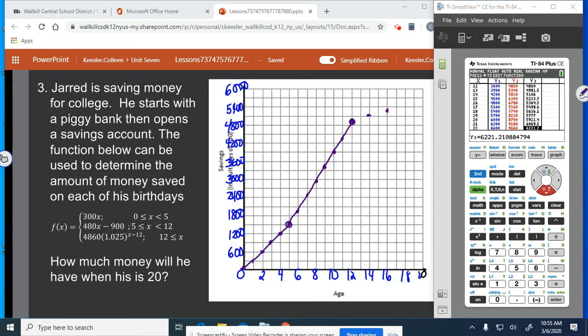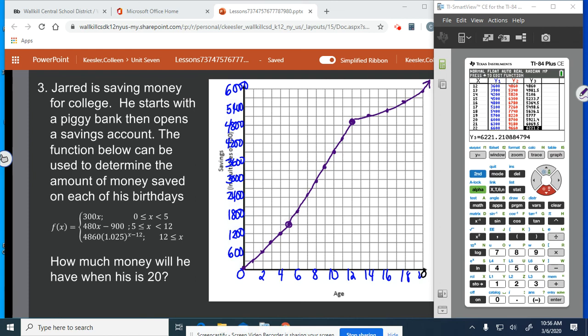And the 18, 5,600. So this is 54, so that would be 57, would be about here for the 18. And then the 20 is about 5,921, so it's under that 6,000 mark. So we have our little curve right here that would keep on going like that.